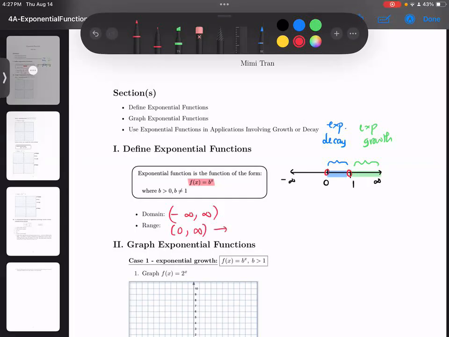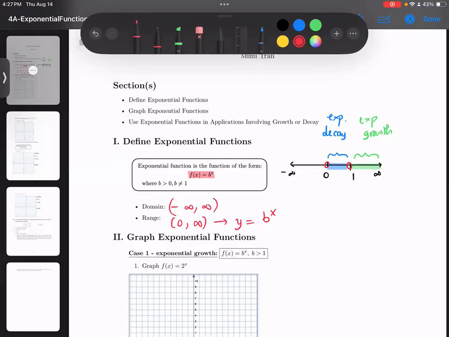And this applies to y equal b to the x. If you do some translation, move left, move right, or move up, down, or flipping, then the range will be changing, right? But right now, the domain and range apply to that parent function.